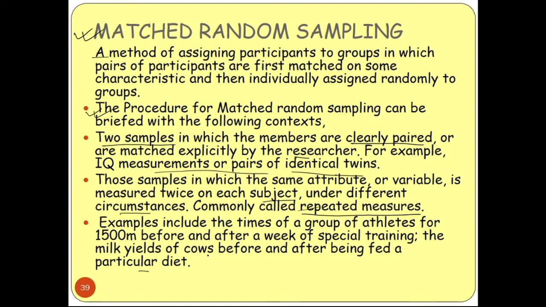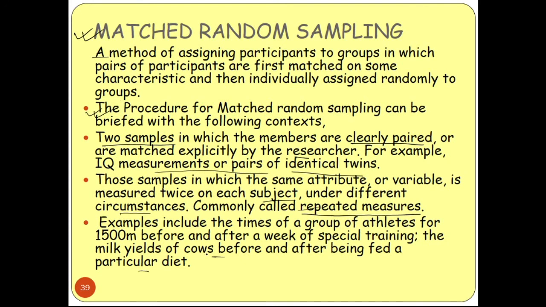And another example is the milk yields of cows before and after being fed a particular diet. When you get the milk from the cows before the diet and after the diet, you can see the variations. So the situations are different, but your sample, your population, is the same, only the circumstances are different.